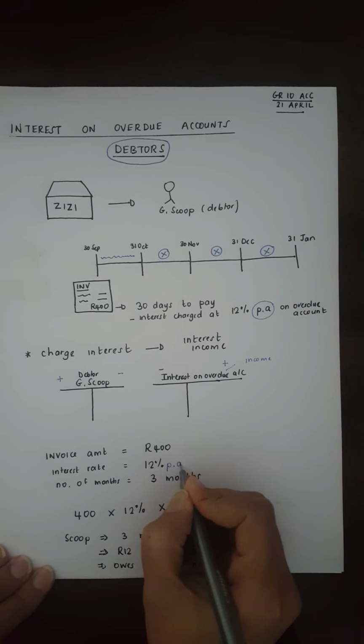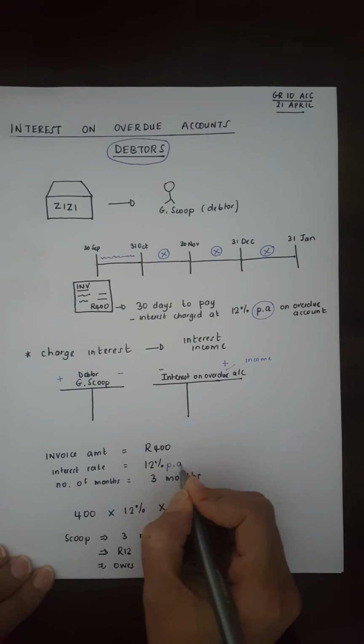I'm only going to charge him for 3 months, so I multiply that by 3 and divide it by 12, which gives me 12 Rand. In my second step, 400 Rand times 12% is my amount per annum. If I divide that by 12, it's 4 Rand per month, and I have 3 months, which is 12 Rand.